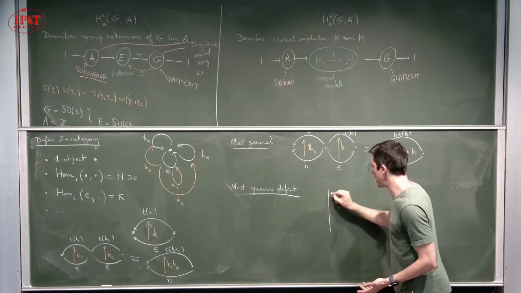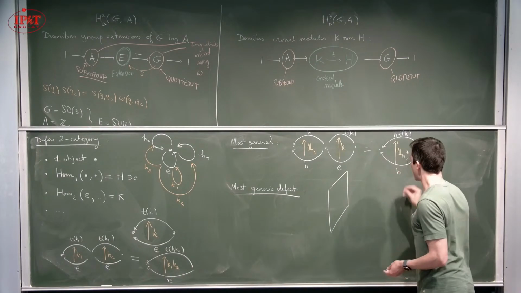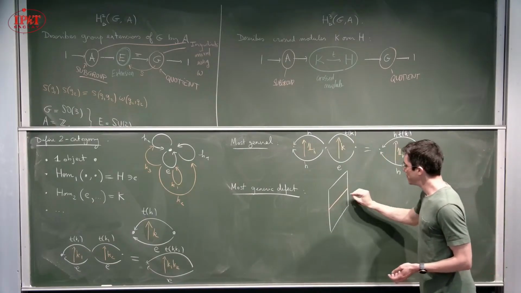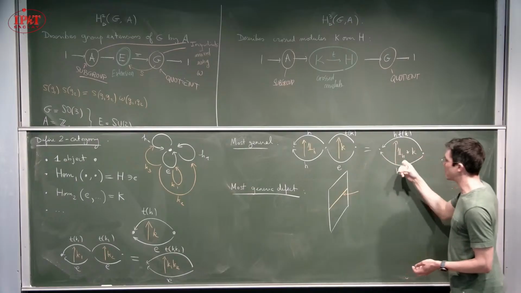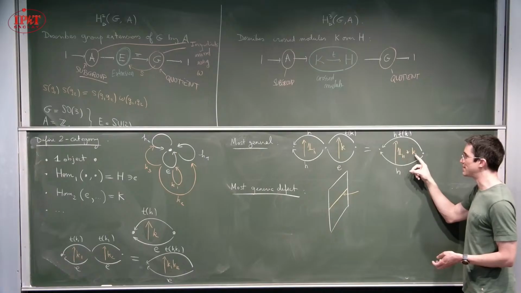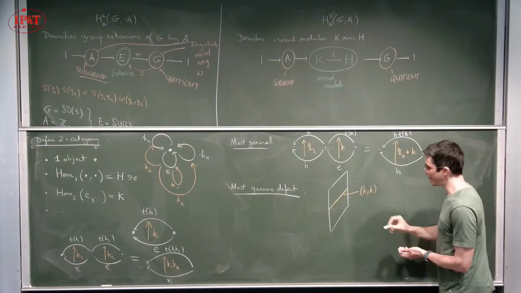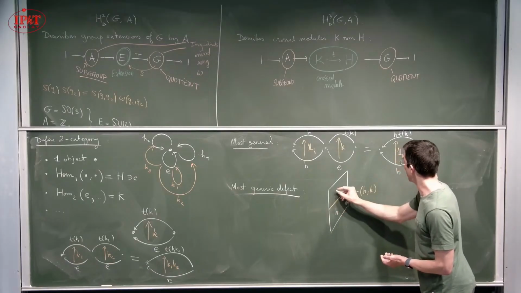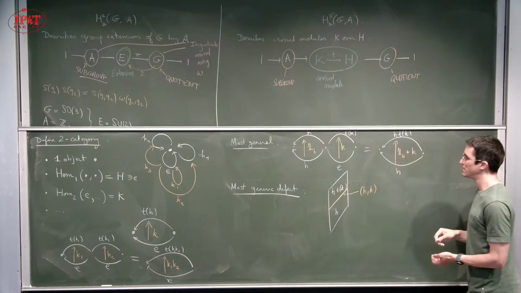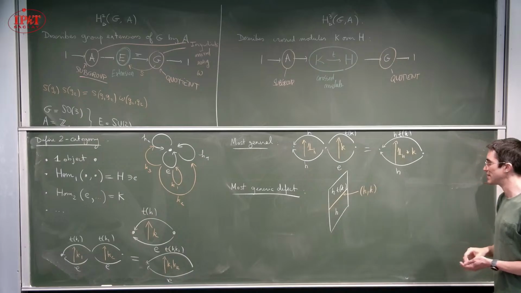So this is kind of a plane like that, which is divided in two by an orange line. This is a bit cumbersome to write, so I will just write H, K. But H, K means that. And then here at the bottom, I have H, and at the top, I have H, T of K. So this is the dual. So this is the most generic.